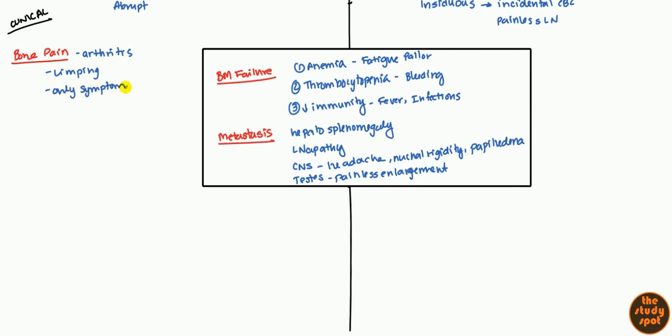Since it's such a vague symptom, and you don't really think, oh, someone's limping, it might be leukemia, sometimes you can delay the diagnosis. Next, you can also get a mediastinal mass, and this is only found in T cells, because of enlargement of the thymus. This generally shows up on X-ray, and it can be so severe that it might lead to respiratory distress or even stridor.